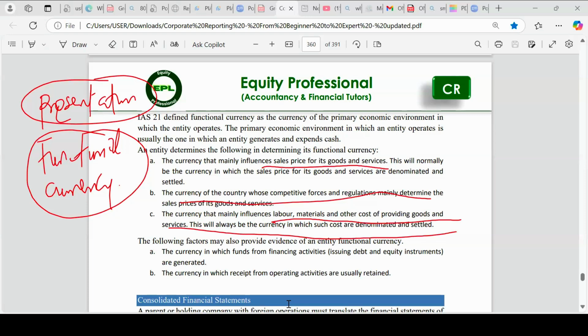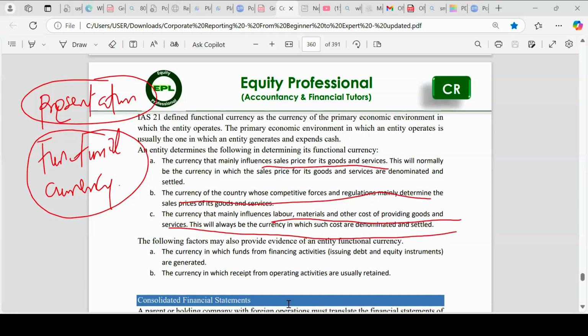So it can be a bit complex when it's a foreign operation, but ordinarily, other than that, your functional currency and your presentation currency are most likely to be one and the same when it is not a foreign operation. All right. Now, all of this is just to build up into what we want to do.